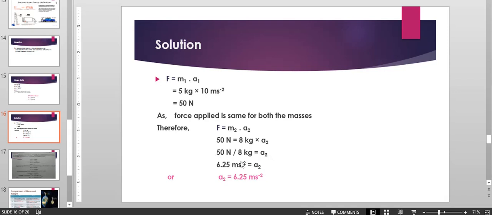When we divide it, we get the answer as 6.25 meter per second square, which is basically the acceleration of the second object. We can also write this as: acceleration of second object is equal to 6.25 meter per second square.